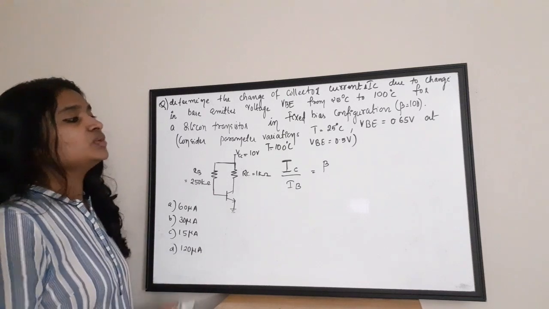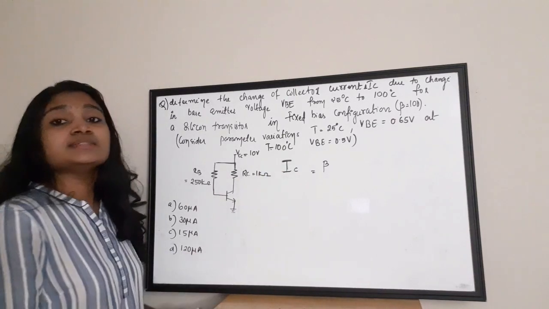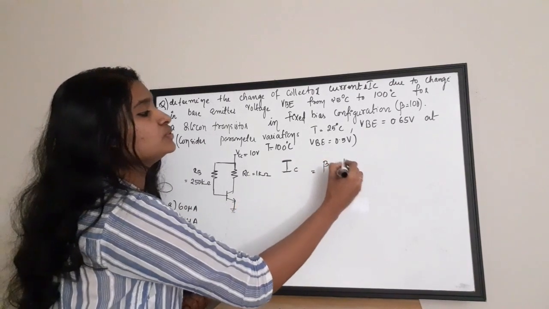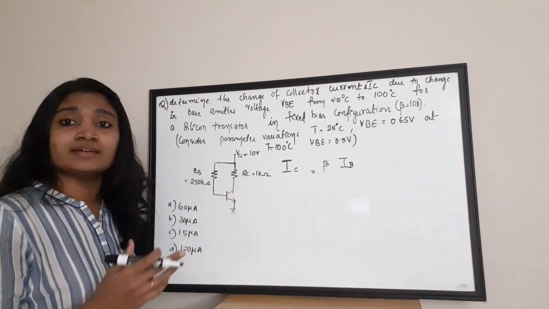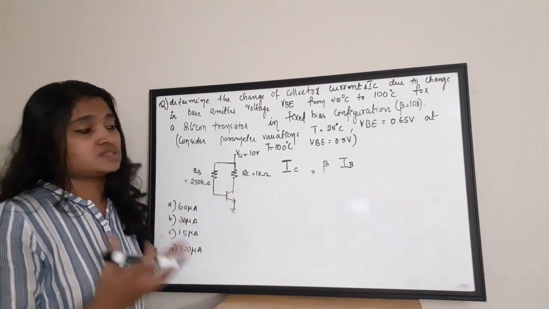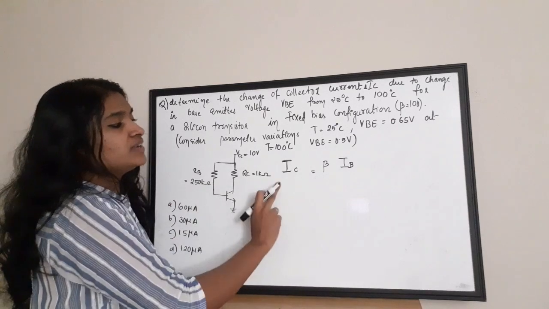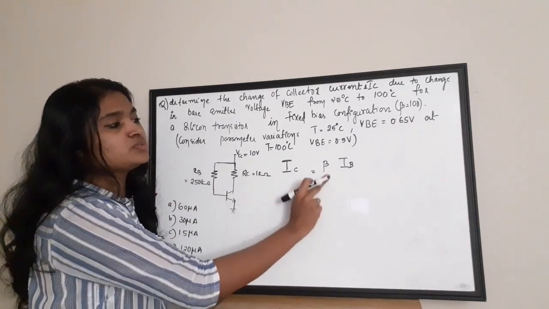Hence the collector current IC is equal to beta into IB. This is a very simple relation when we study the different configurations of the transistor.